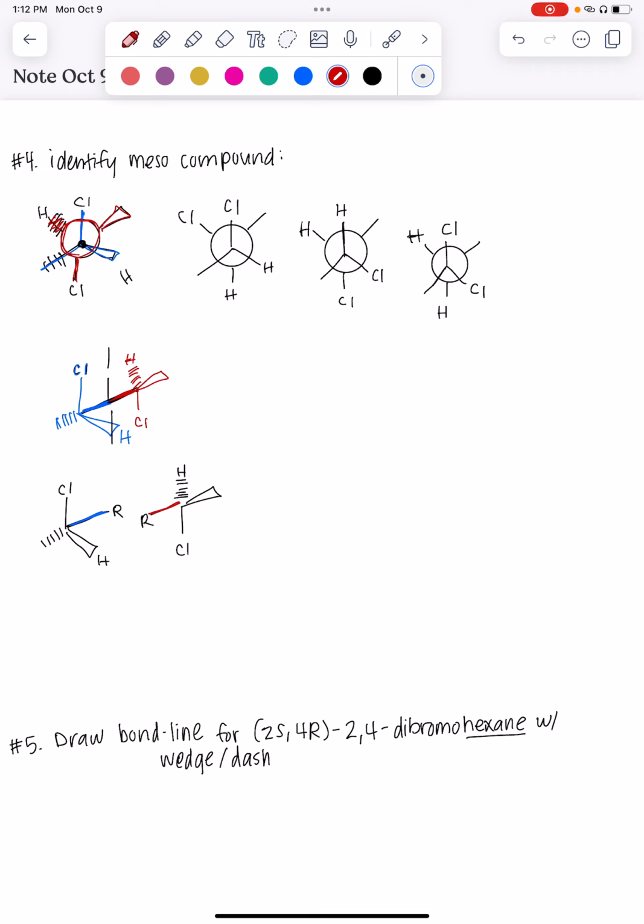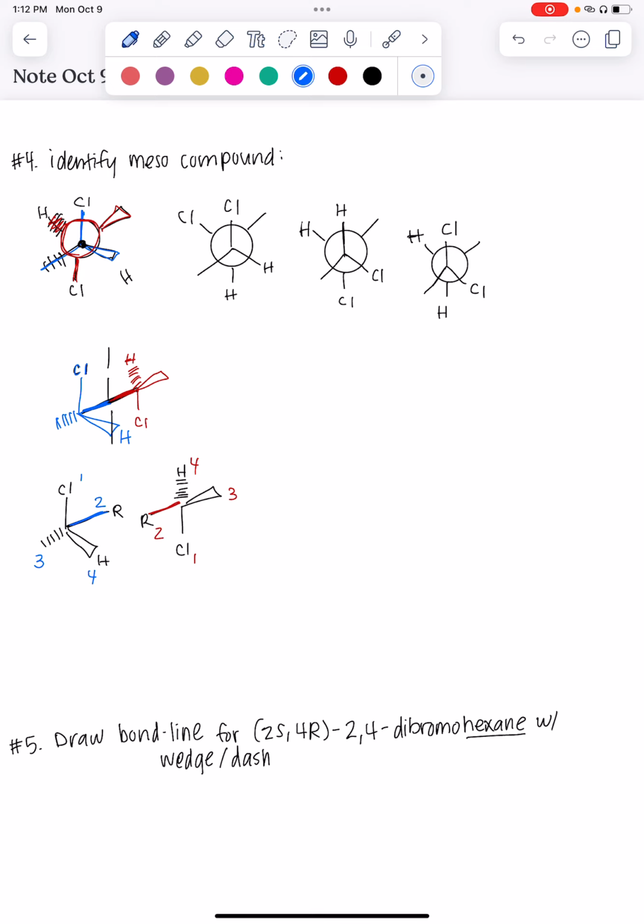And then you can assign your priorities. So you can say chlorine is 1. We know hydrogen is 4. If there's a methyl and a hydrogen, methyl is always going to be 3. And then that R group means that that's 2. And since these atoms or groups are the same on both, we can go ahead and assign these as well pretty easily.